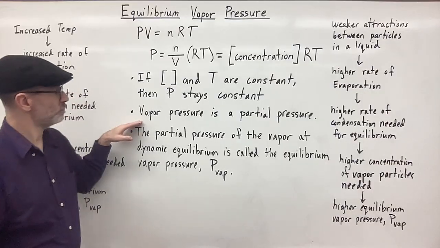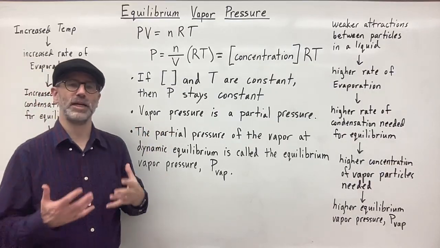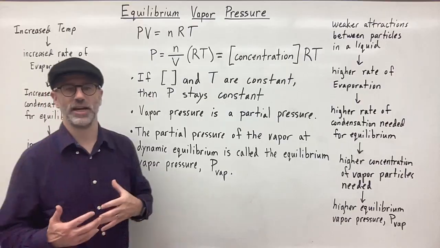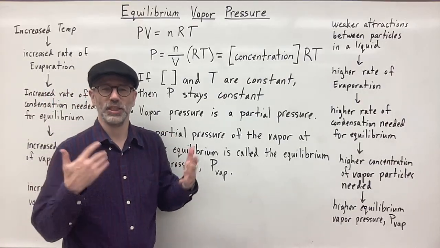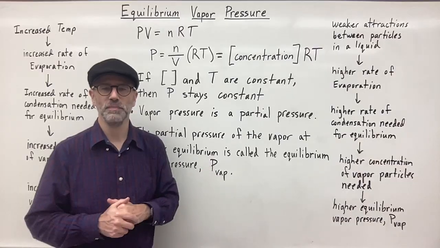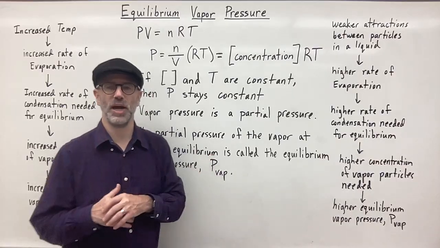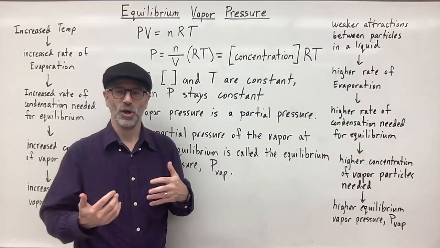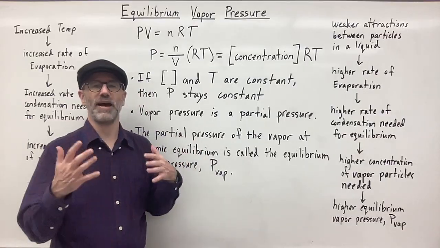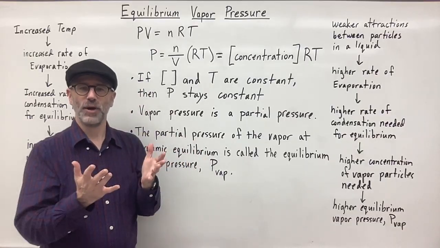Vapor pressure is part of a mixture of gases, right? So it's not just the water vapor, assuming that we're dealing with water. In my example, it's water. It could be acetone, it could be something else. But whatever that vapor is, it's not by itself, right? Because before it started to evaporate, you had air in there.